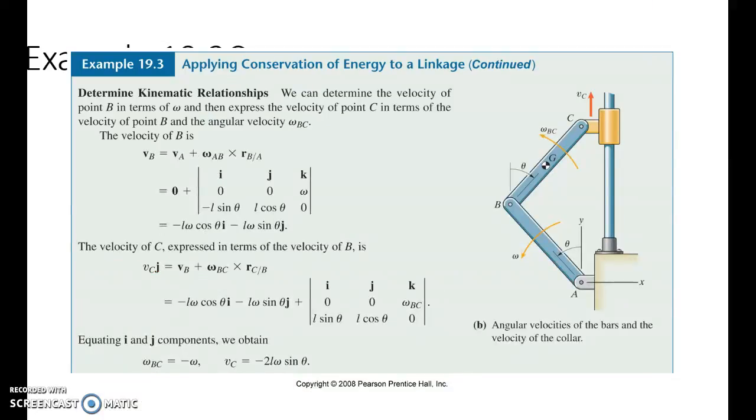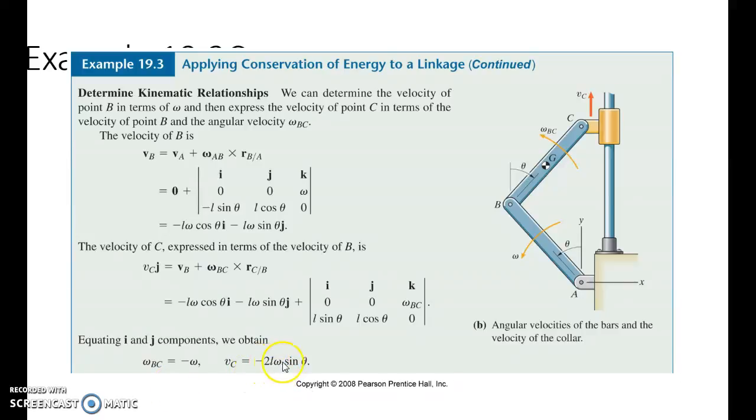Now, that means that I've found 2 more equations, really. I found out what VC is in terms of omega, and omega BC is in terms of omega, where omega here is the angular velocity of the bar AB, which is what we're trying to find. So I do need 1 more equation, because that gives me 3 equations total.